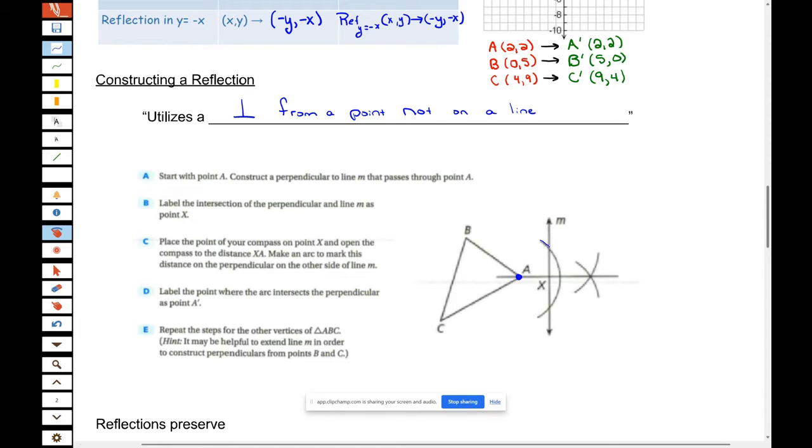From A, we draw an arc that crosses both sides of the line. And we get 2 points here for which A would be on the perpendicular bisector. Then from those 2 points, I take that distance from A to S, and then I come over here and make an arc from S, and then an arc from R, where they intersect will be A prime, because I'm using that same distance.